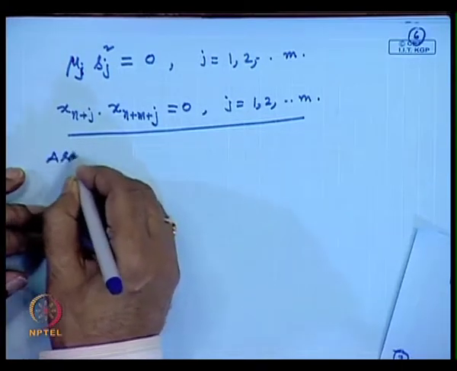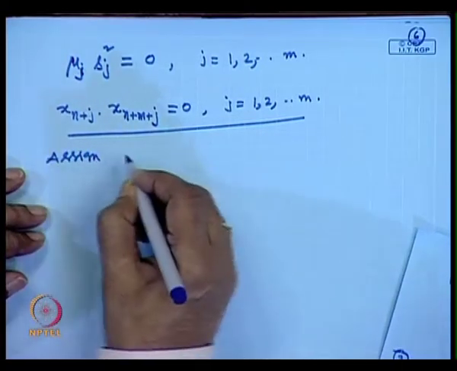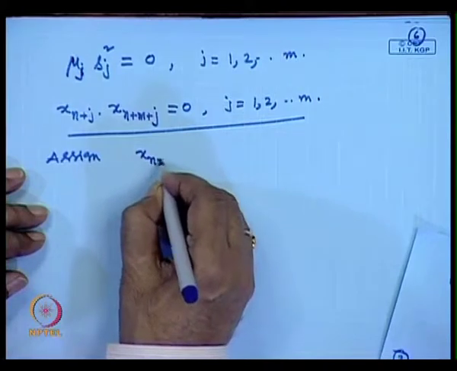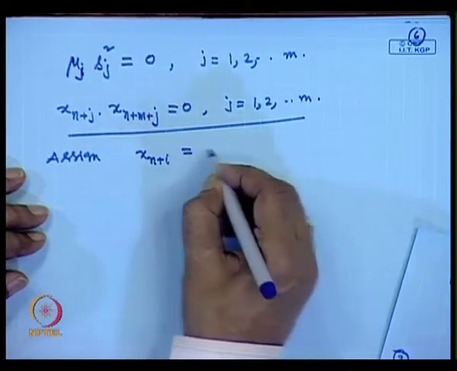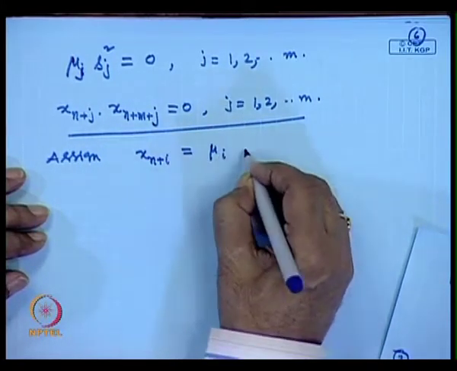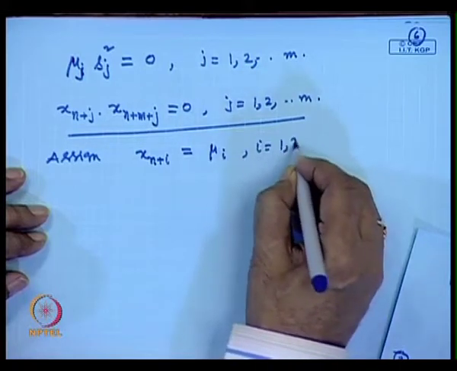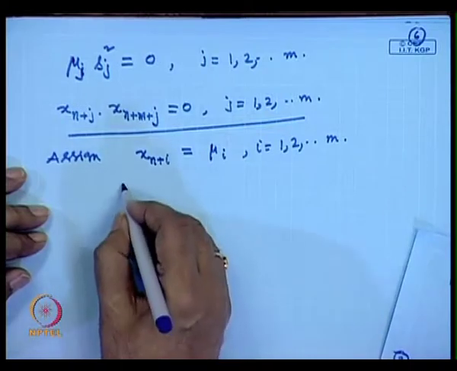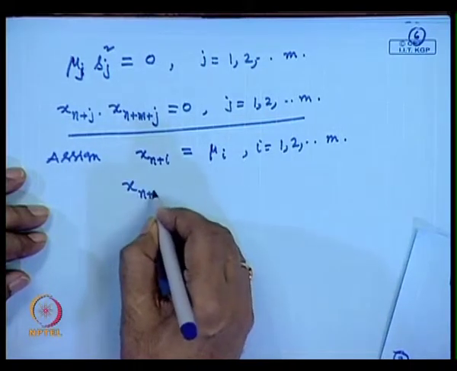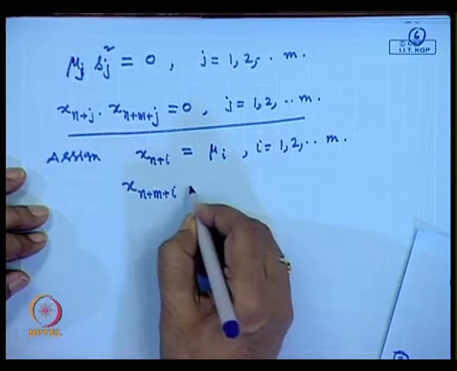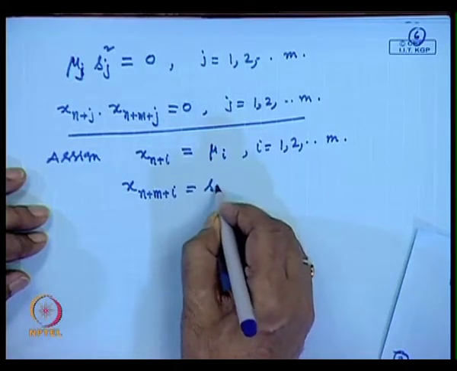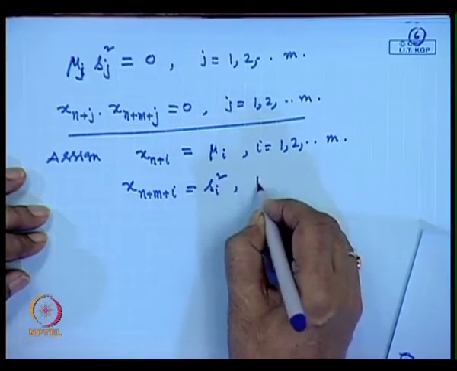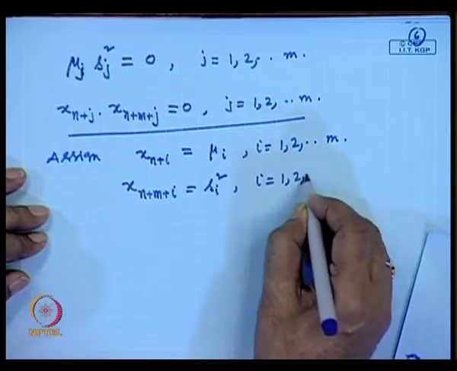What we did, we assign, now I am writing it, we assign that x n plus i is equal to mu i, and i is equal to 1, 2, dot dot m. Agree? That x n plus m plus i is equal to s i square, and i is equal to 1, 2, dot dot m.